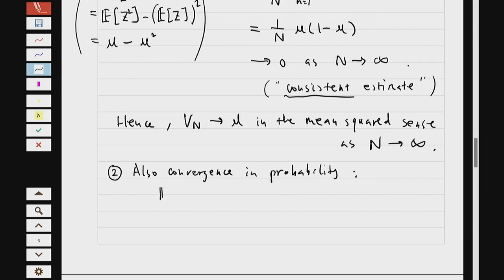And by definition, convergence in probability means that the probability that the difference between these two is bounded by epsilon converges to 1 as n goes to infinity. And this is for all epsilon that you want.